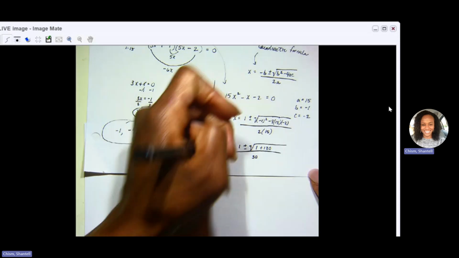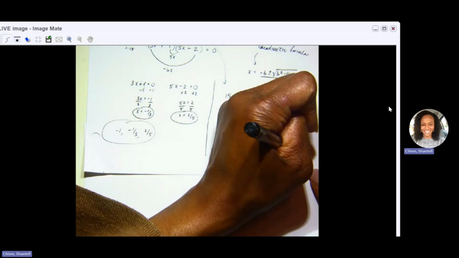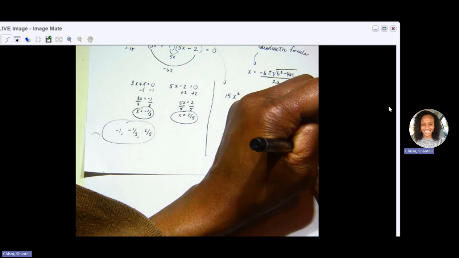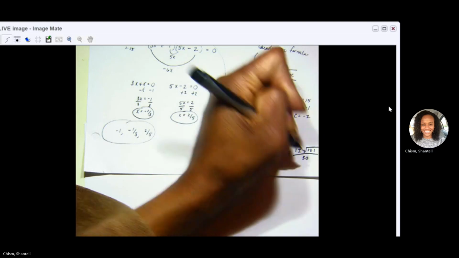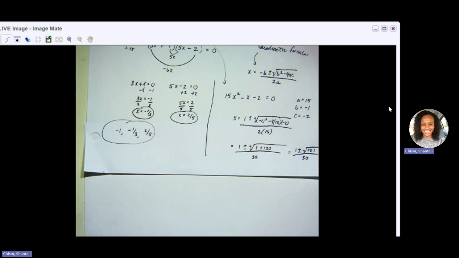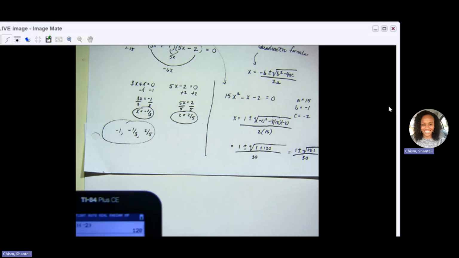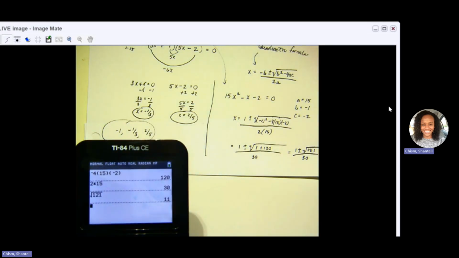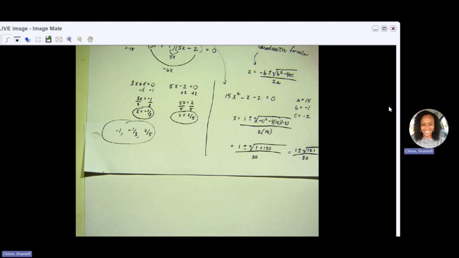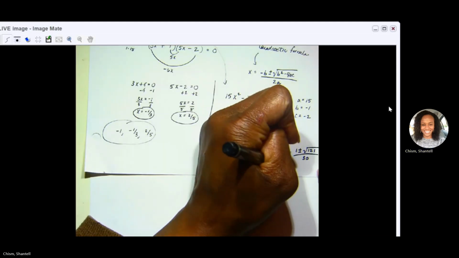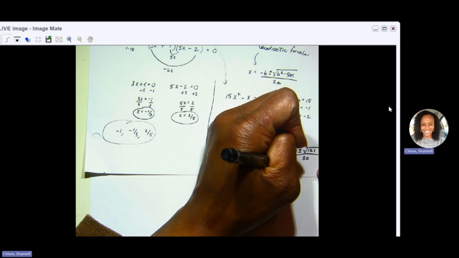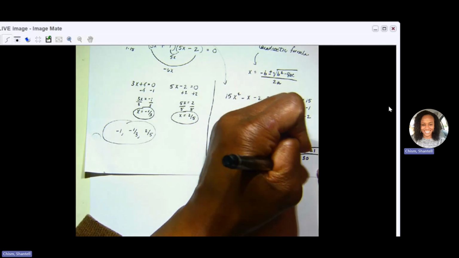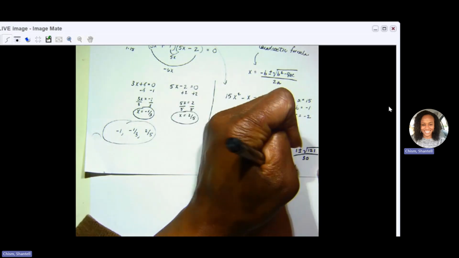All right, continuing to clean it up. 1 plus or minus the square root of 121 over 30. The square root of 121 is just 11, okay? So we've got 1 plus or minus 11 over 30.